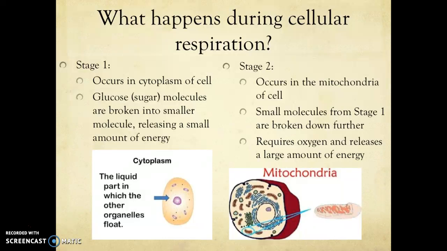So inside a cell, imagine a cell is like a plastic bag. And in that plastic bag, we've got water in it. And in that water are, say, little beads or something like that. The beads represent the organelles, which are the parts of the cell. They're like the organs in our body, like we have a stomach and a heart and lungs and things like that.